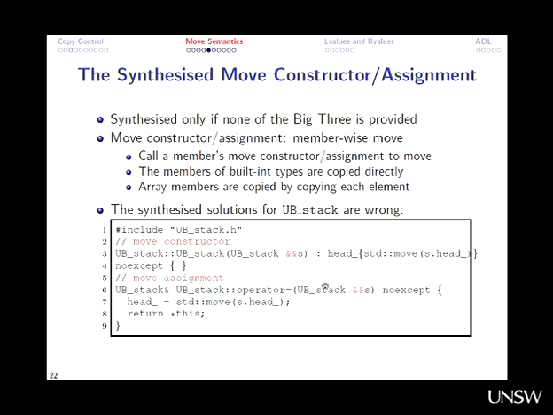The move assignment operator does exactly the same thing. Now, I'm going to come to this in a few slides' time, but also note the word noexcept on the end of these constructors. You don't need to write noexcept, the compiler will put it in automatically for you, but it means something, which I'll explain in a few slides' time.